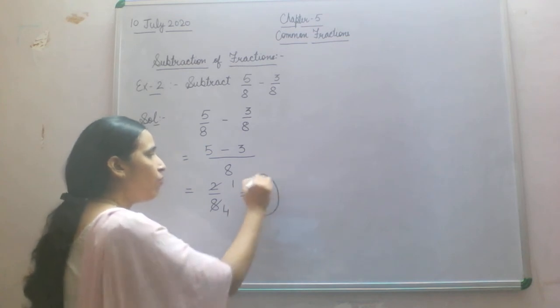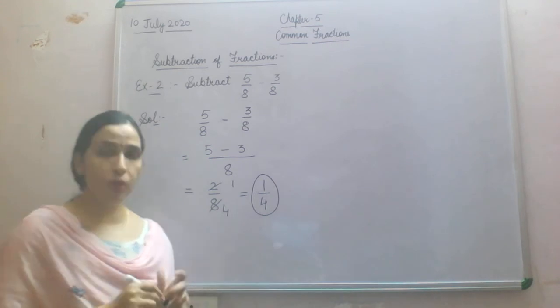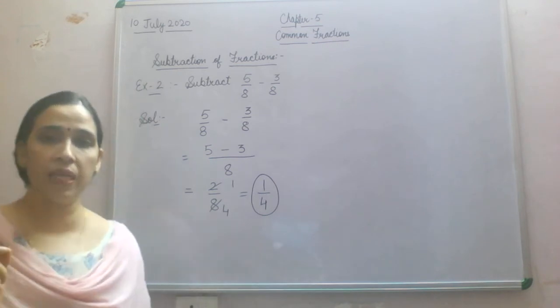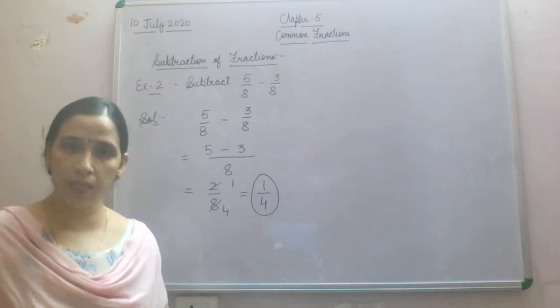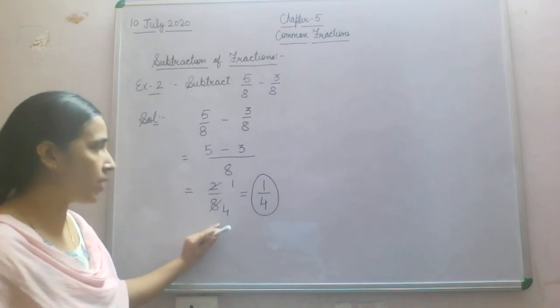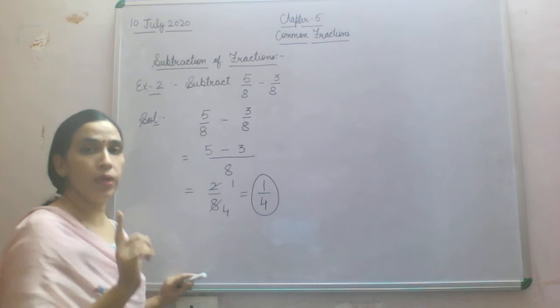Now 1 by 4 is in its lowest term. So what have we done in the question? We have been given two fractions which are like fractions. We have done the subtraction. After doing the subtraction, we have reduced it into its lowest term.